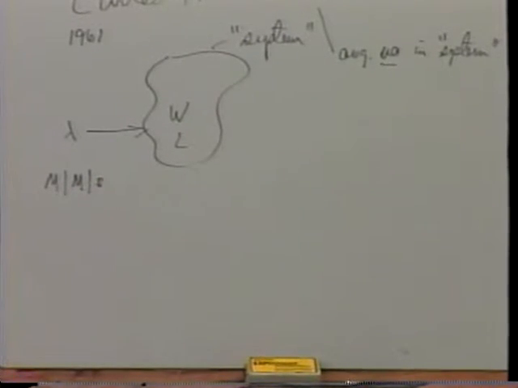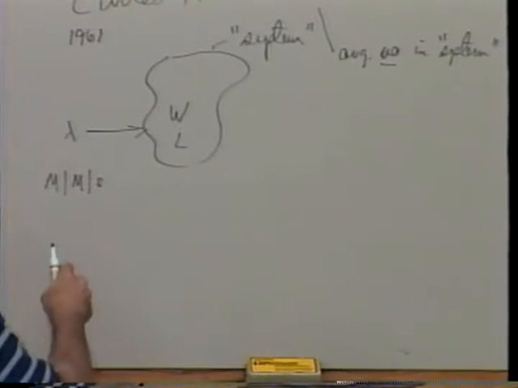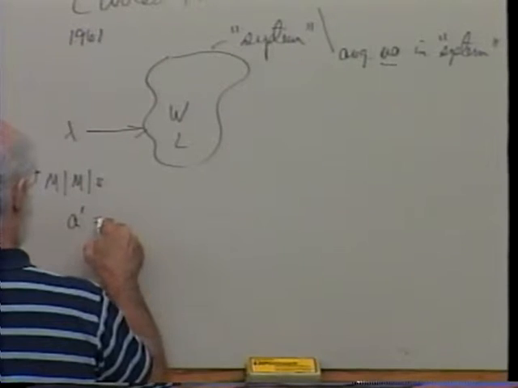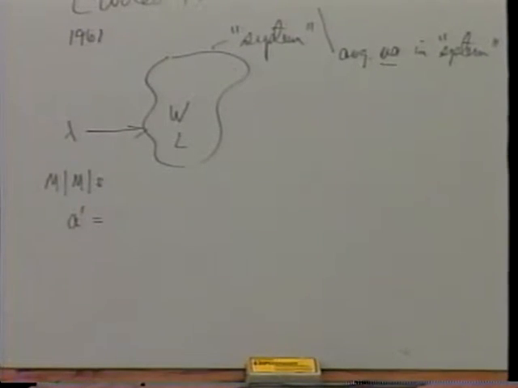So first of all, let me look at the carried load, A prime. Now I said that A prime was equal to A because offered load and carried load are the same. But from Little's theorem, and I said that I could actually prove it by writing out the definition of this expected value. But that's a lot of arithmetic. But it comes immediately out of Little's theorem because I can look at it the following way.